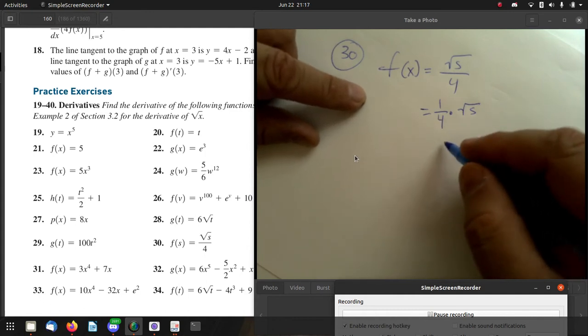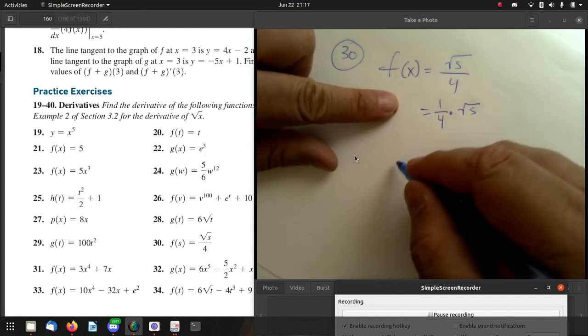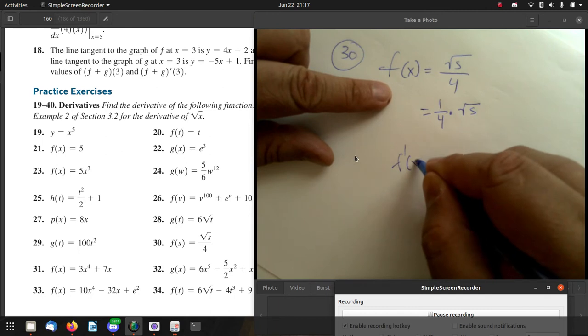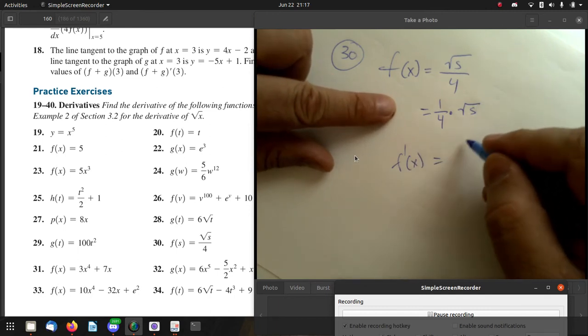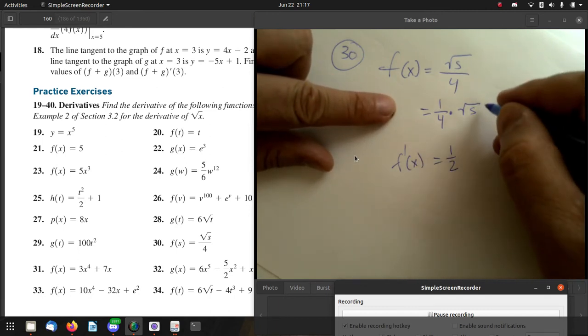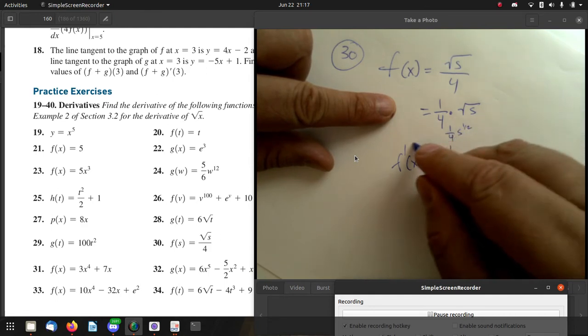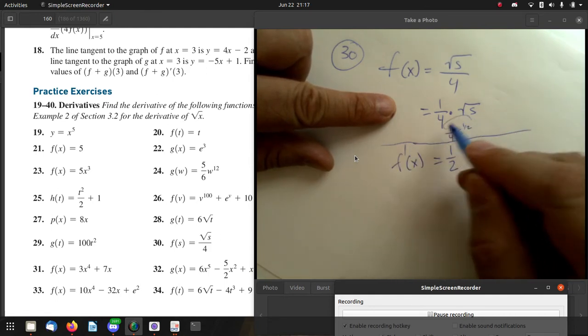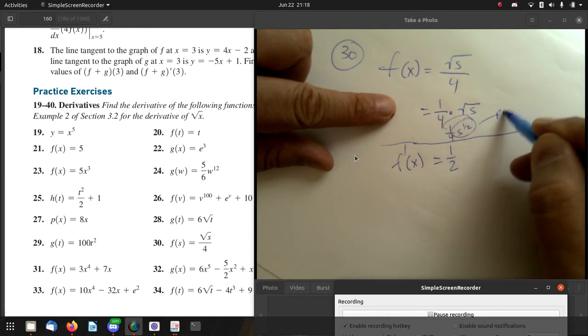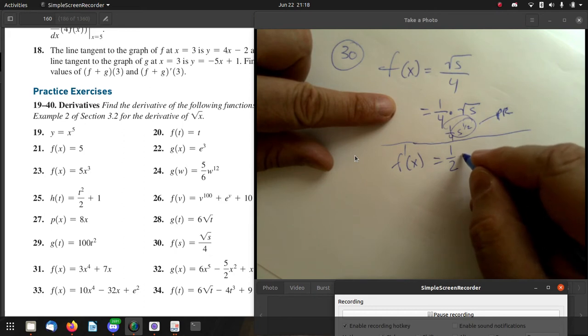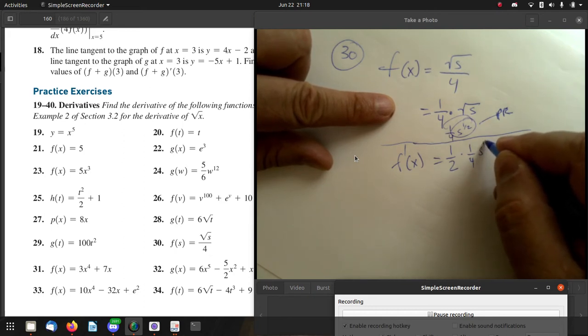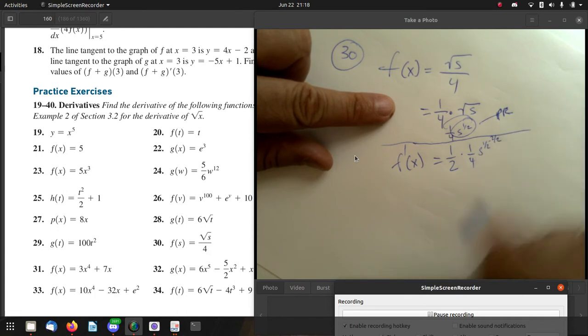All right, so what we're going to do now is to get f prime of x, therefore we're going to multiply by the 1/2 power. So I can write it again one more time if you want, s to the 1/2. We're going to do the power rule on this. So it's going to be 1/2 that we multiply in front of everything, and then we're going to take 1/2 and subtract 2 over 2.